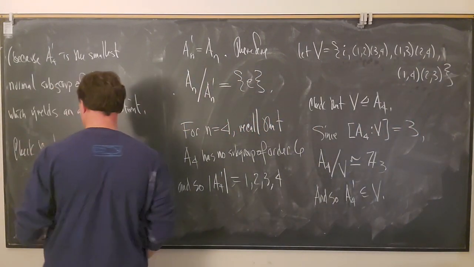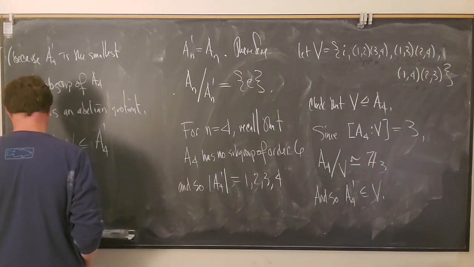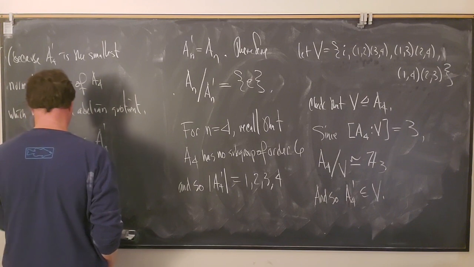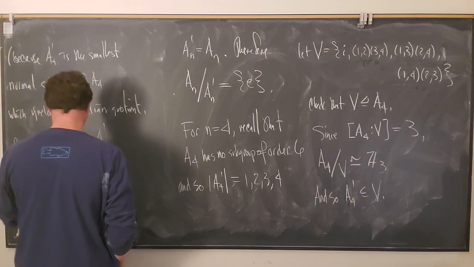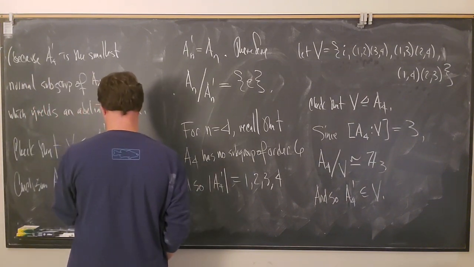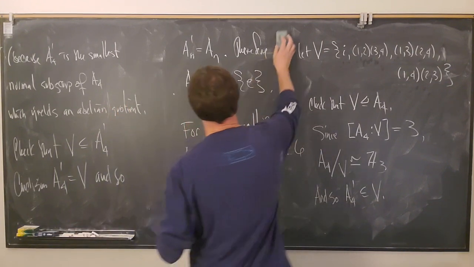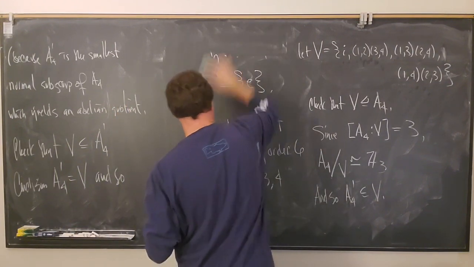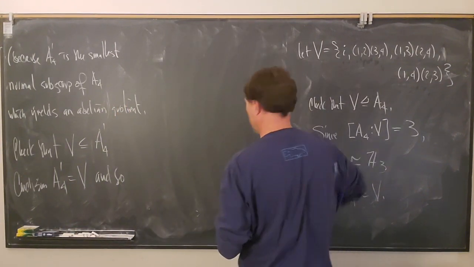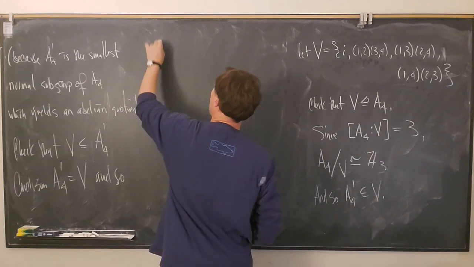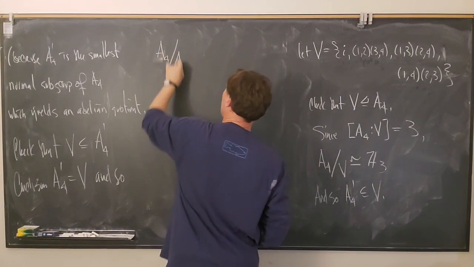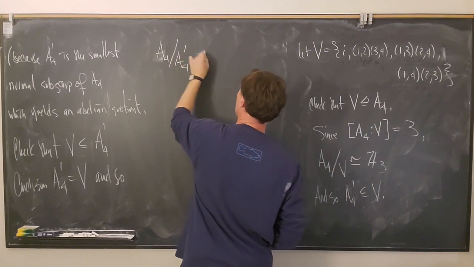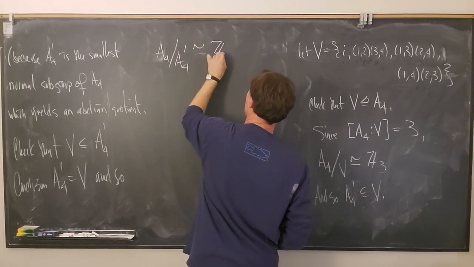So conclusion: A4 prime is equal to V, and so the abelianization of A4, A4 mod A4 prime, is isomorphic to Z3.